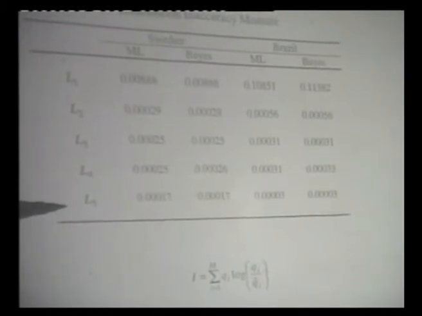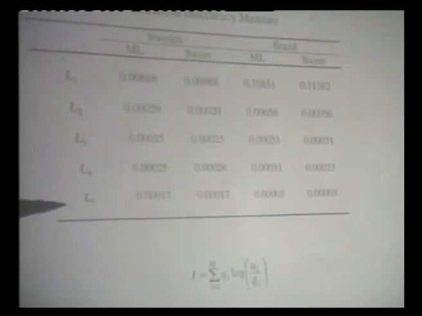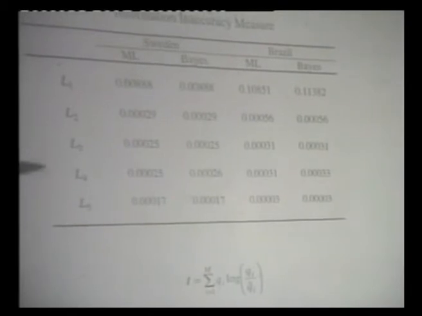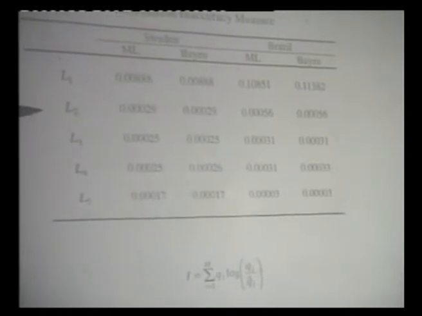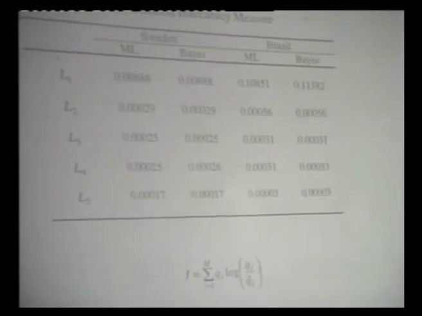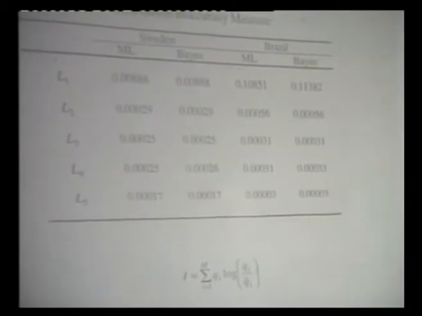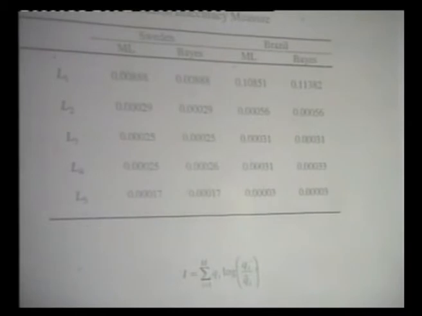I don't know if I should attribute it totally to him, but he has used it a lot. And generally these ones are about the same, although L2 doesn't perform at all well for Brazil compared to L3 and L4.